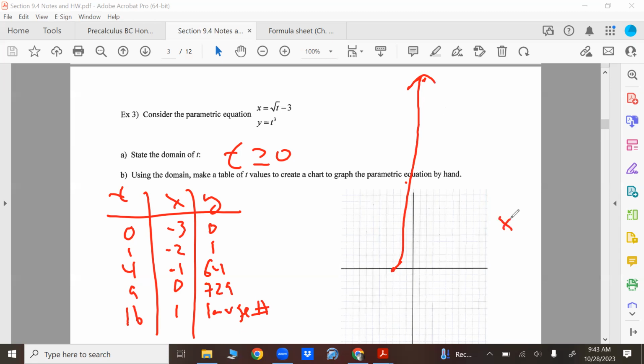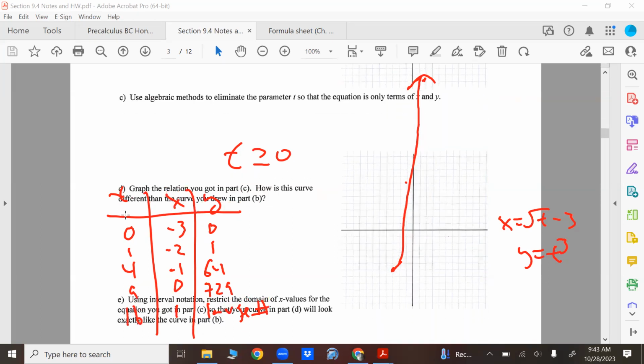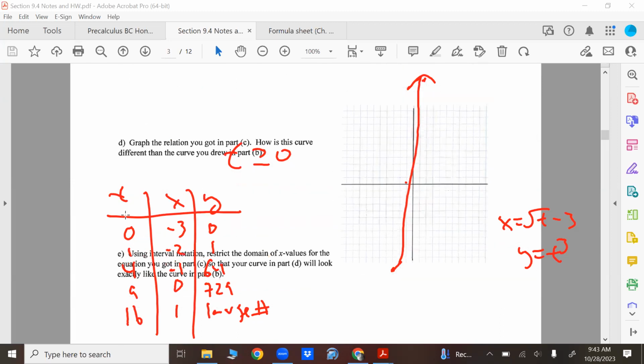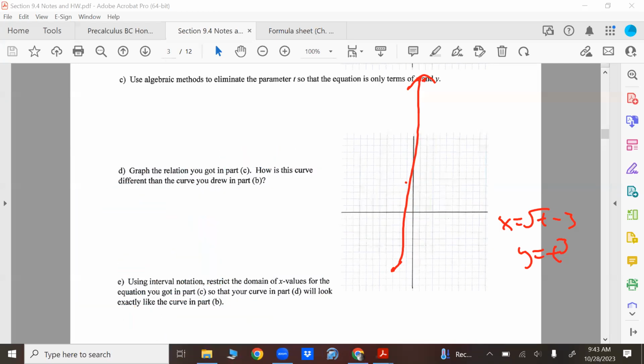Again, let me rewrite those equations because I'm pretty sure the next person asks us to eliminate the parameter, which means get rid of t. Yep, let's eliminate the parameter, draw the full curve, and just see how things are different. And of course, restrict the domain on the equation in terms of y and x. So again, I'll probably get t by itself in the x equation.